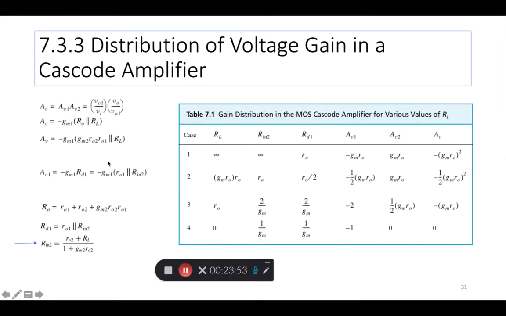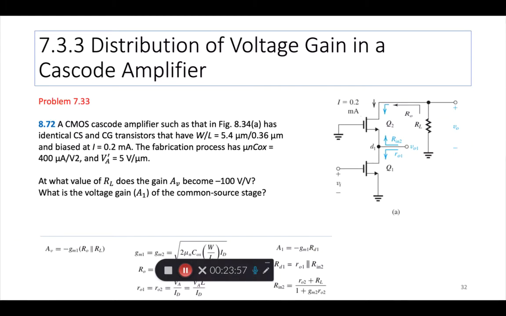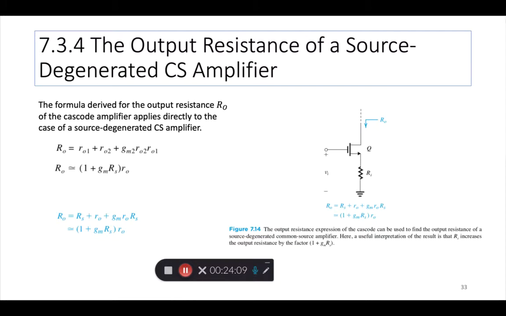Hence, AV1 has this form. All right, so we have a formula problem that asks us to find what is the voltage gain of just the first stage, and we'll look at it when we come back in the next recording.